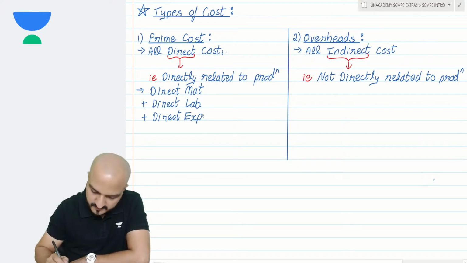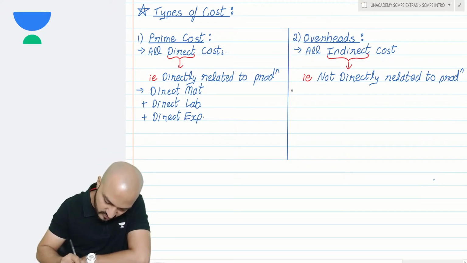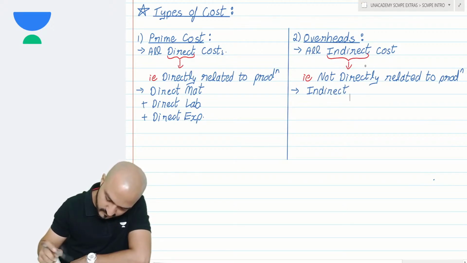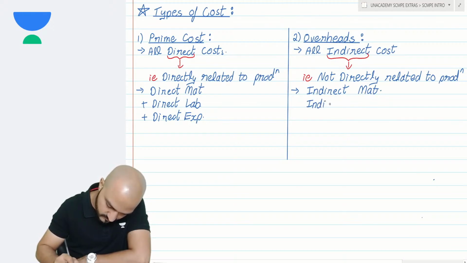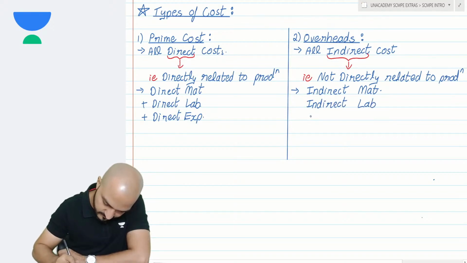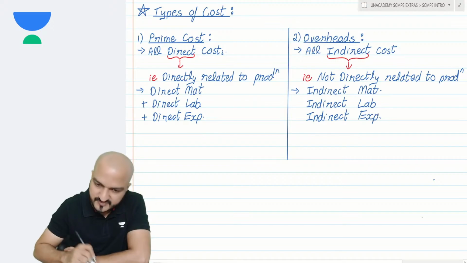And overheads are all items of indirect cost, which includes indirect material, indirect labor, and indirect expenses.